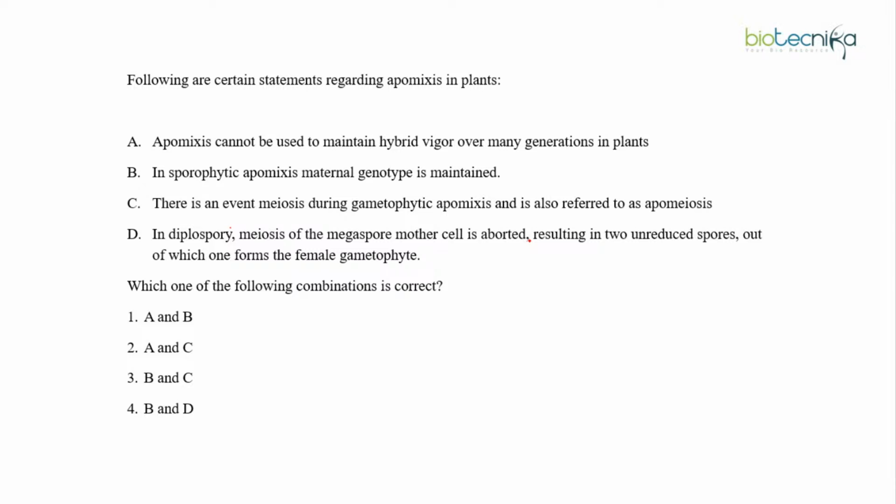In fact, sometimes multiple embryo sacs may also be found. So in this case, the correct answer is statements B and D. In sporophytic apomixis, maternal genotype is maintained, and in diplospory, meiosis of the megaspore mother cell is aborted, resulting in two unreduced spores, out of which one forms the female gametophyte. All right.